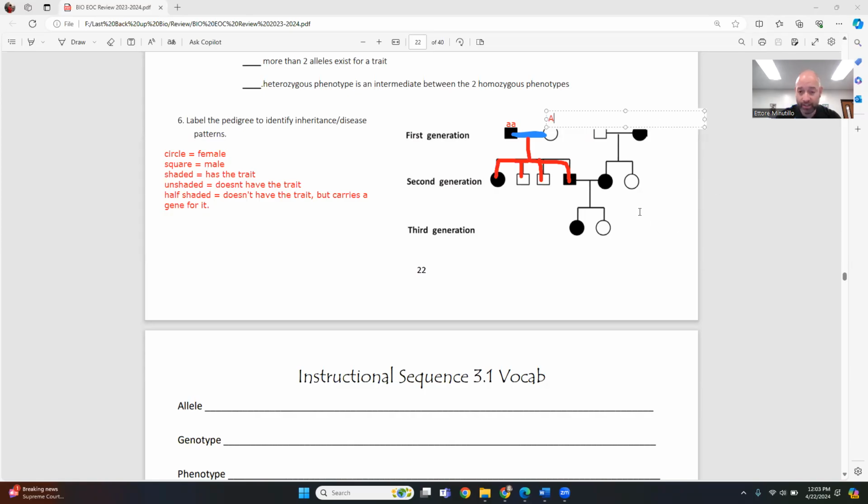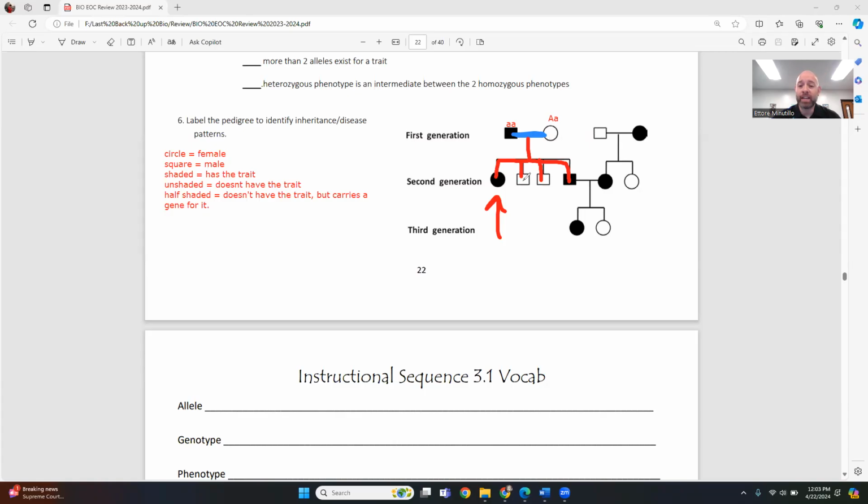We don't know what their second letter is. Actually, we do. It has to be little a. So I look at this and I go, okay, could this sick kid right here get two little A's? Well, we get one little A from dad here, one little A from mom. That's possible.